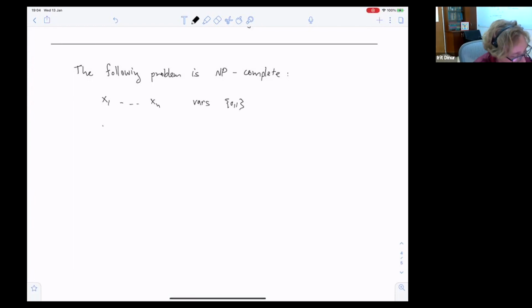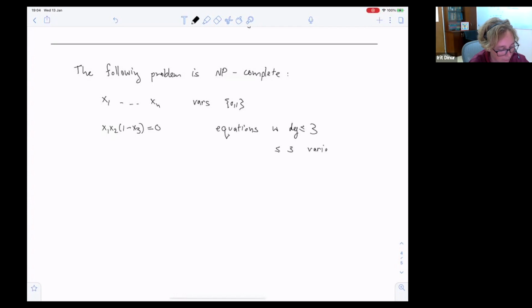And I have equations of the form x1 x2 (1 - x3) = 0. So I have equations with degree at most 3, so not only linear. I'm also allowing myself equations with degree 3 and at most 3 variables.